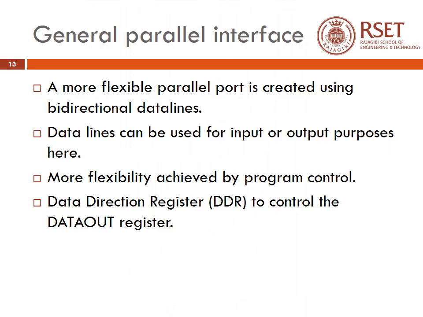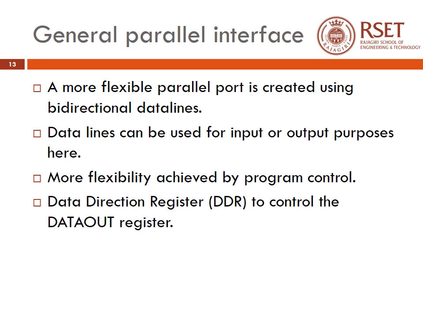A more flexible parallel port can be created by using bidirectional data lines. That is, till now all the interface circuits that we defined either had separate input lines or separate output lines or combined input and output lines. Now we are going to define a new parallel interface where there are bidirectional data lines which can be used for both input and output purposes.